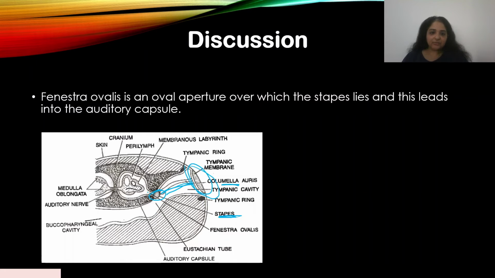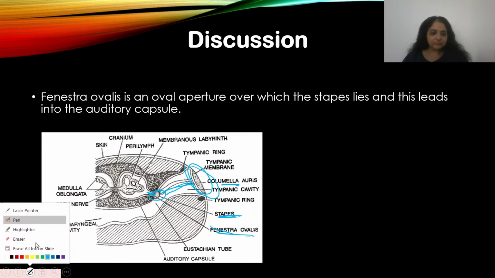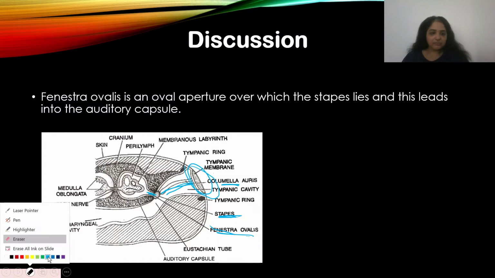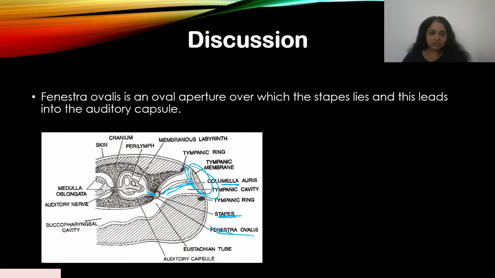And then you have the small tunnel over here called fenestra ovalis, which then enters into the auditory capsule, where you have the semicircular canals.